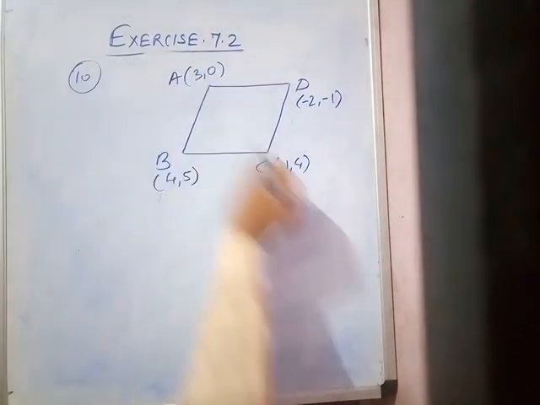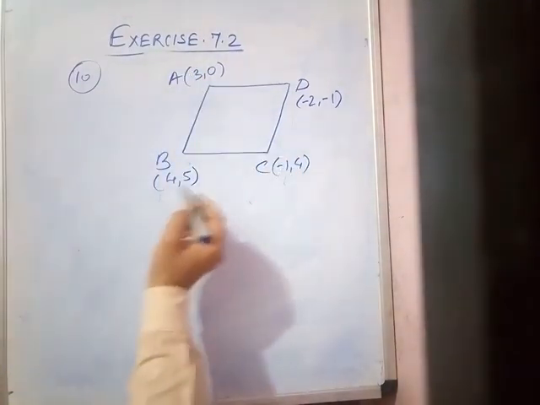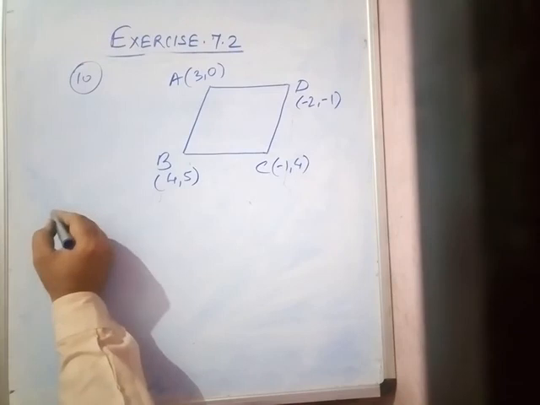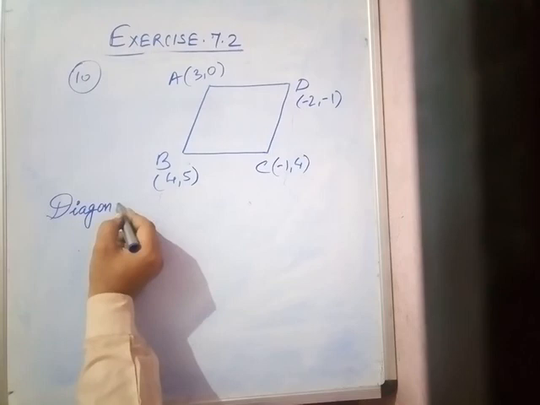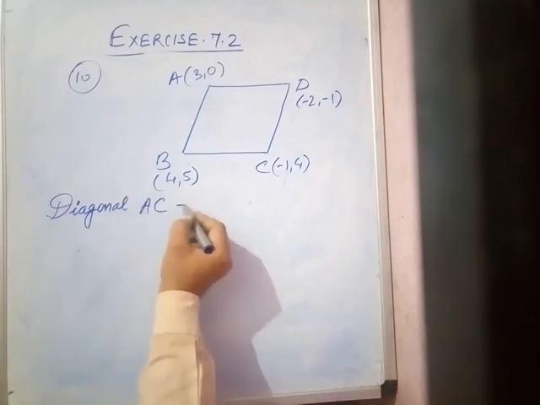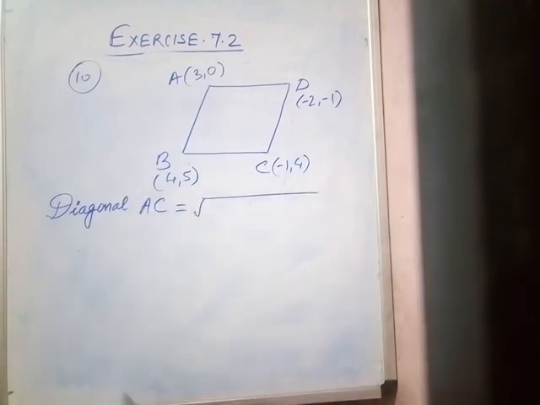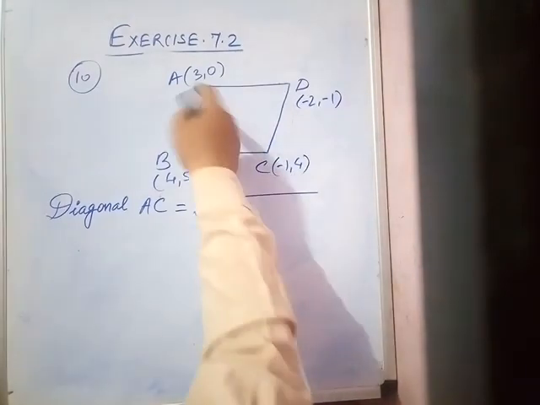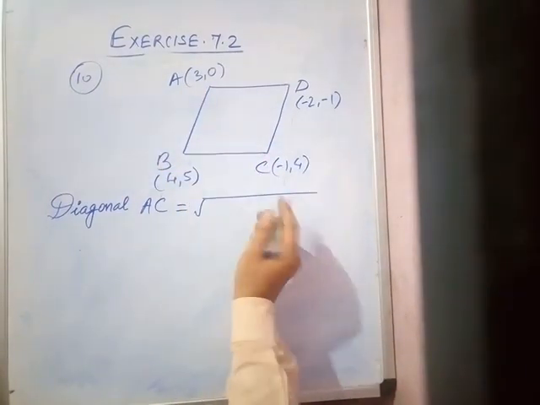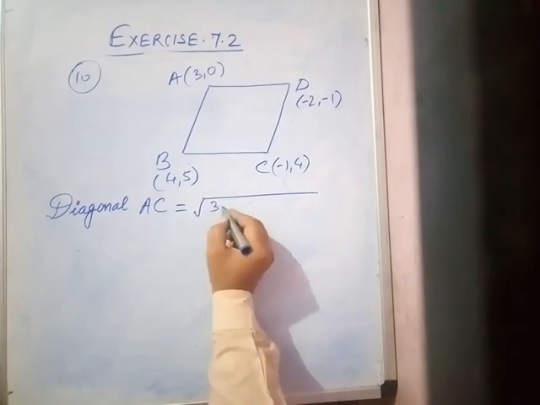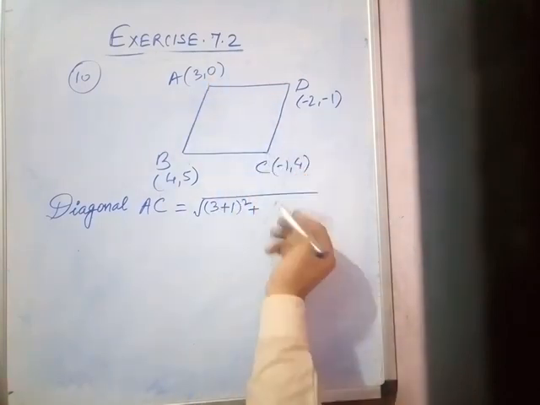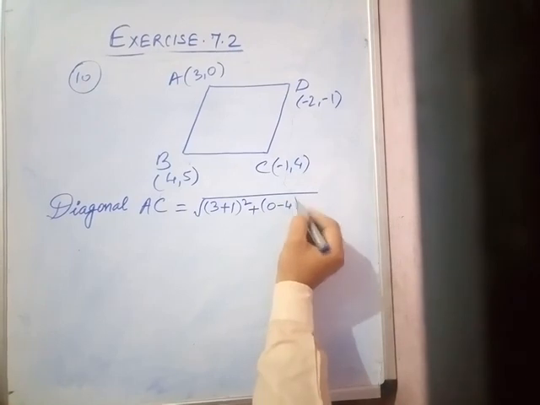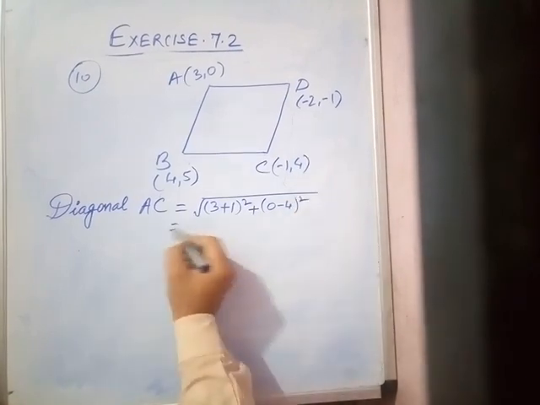So by the distance formula, diagonal AC equals the square root of (x1 minus x2) whole square, 3 minus -1, that is positive 4 whole square, plus (y1 minus y2) whole square, so it becomes 0 minus 4 whole square.